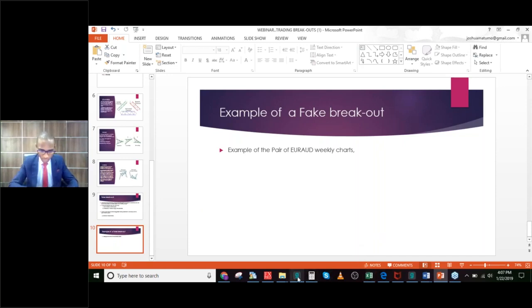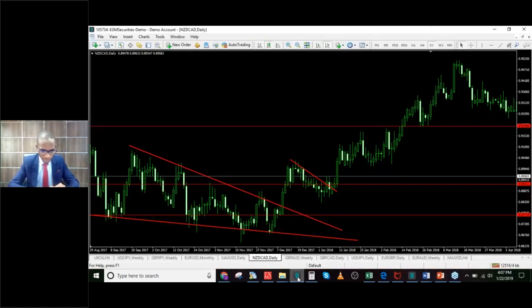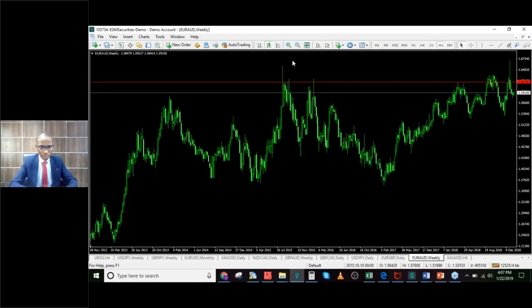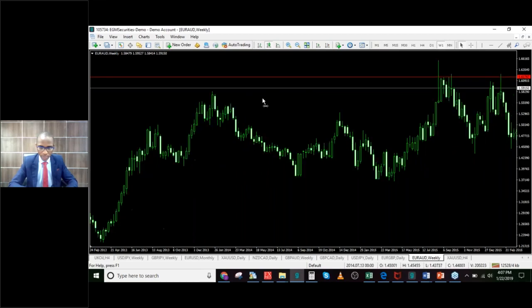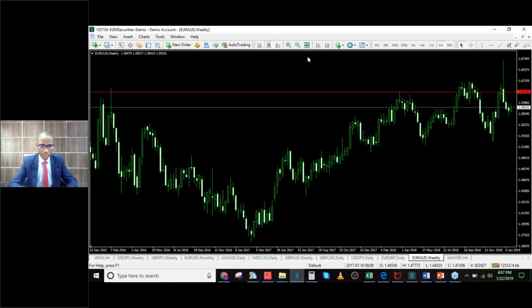But let me just finish up by showing you a small example of a fake breakout that happened on the pair of the Euro Aussie that you already analyzed, based on the Forex markets. Now, right here, let me just zoom in a bit. Well, the problem of zooming in is you lose the bigger picture that I wanted to show you. So I'll just zoom out once again.